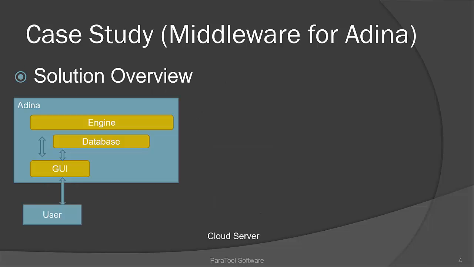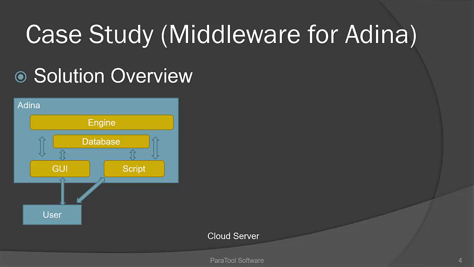our solution is this: you have Adina, you have the engine and database, and the user usually uses the GUI to access the database and engine. After a while, they start to use script to directly access the database and engine.